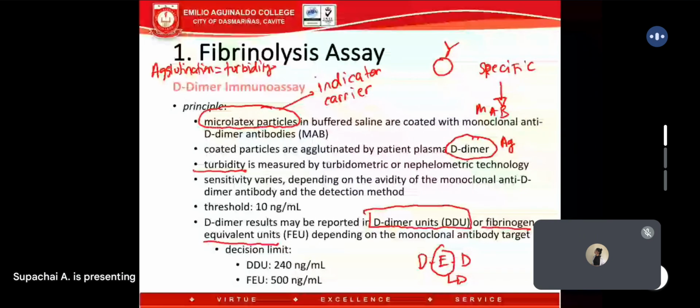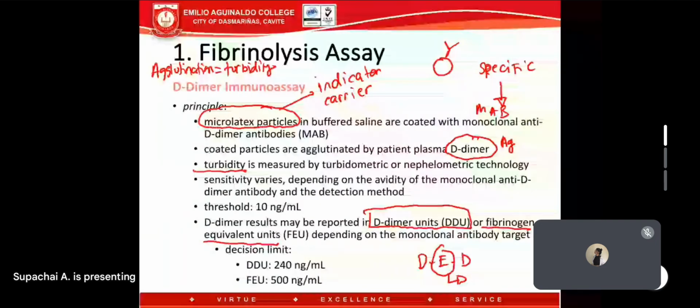Agglutination here is not measured by the naked eye. There is a machine that would do it for you, using turbidometric or nephelometric technology. Agglutination, therefore, is tantamount to turbidity.